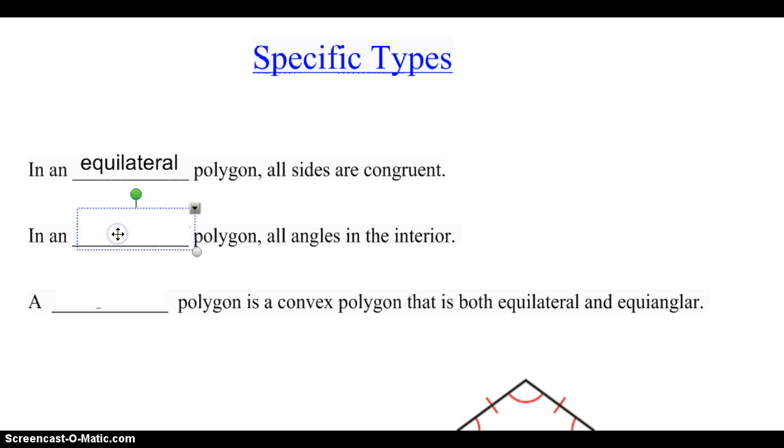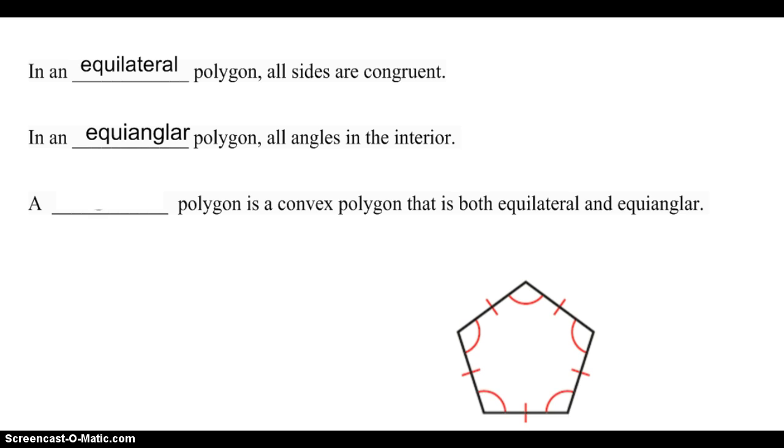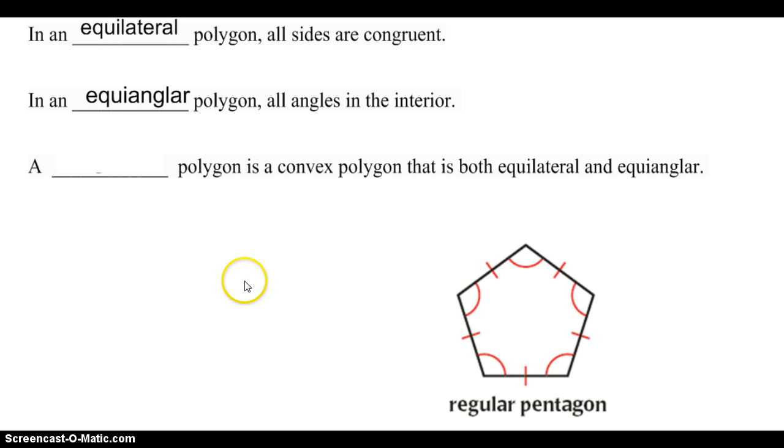And in an equiangular polygon, all the angles are equal. So that's pretty easy to understand, that equilateral means sides and equiangular means angles. But if a polygon is convex, equilateral, and equiangular, then we call that polygon regular.